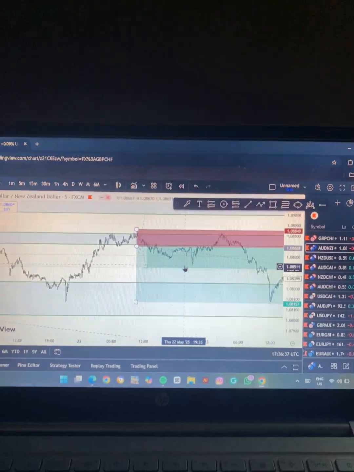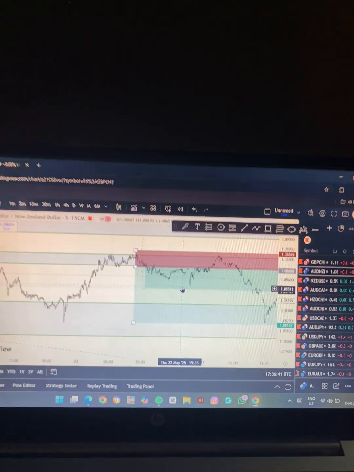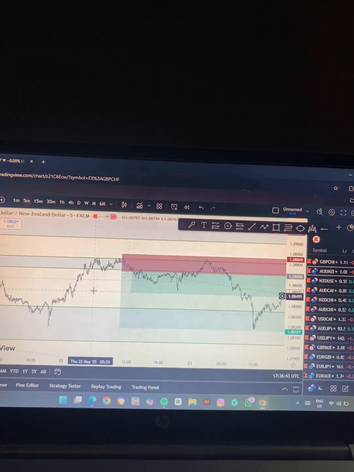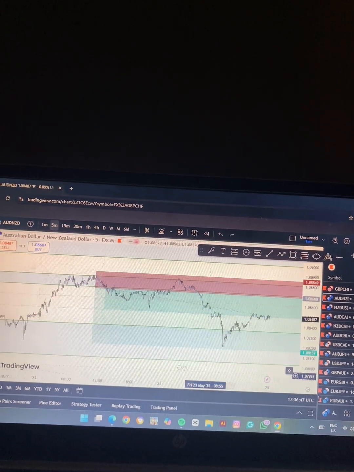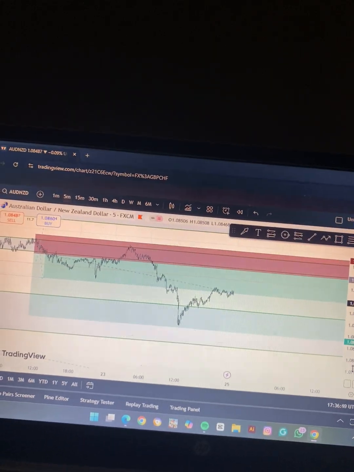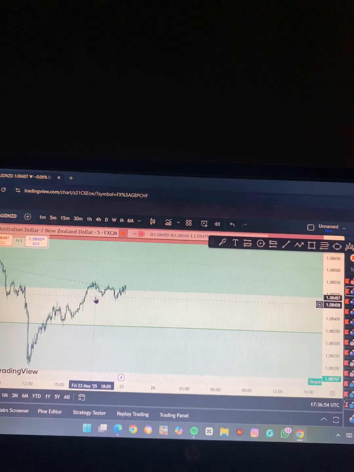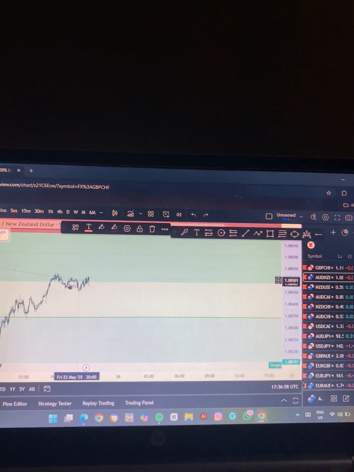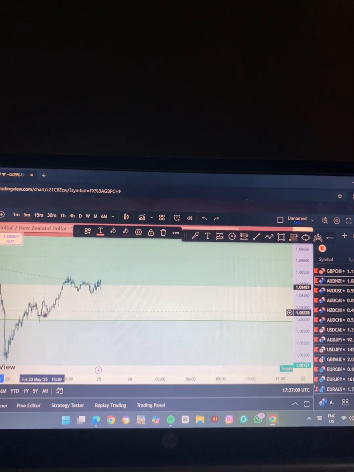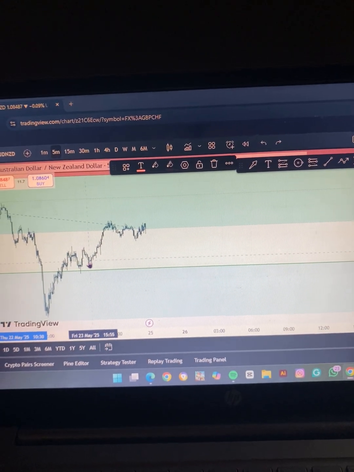It's not like 20 or so, 20 or 30. So it created a double top, boom, kept on going. Now you can see here again a shift of structure, but I don't really trust this one because the last low is really far.